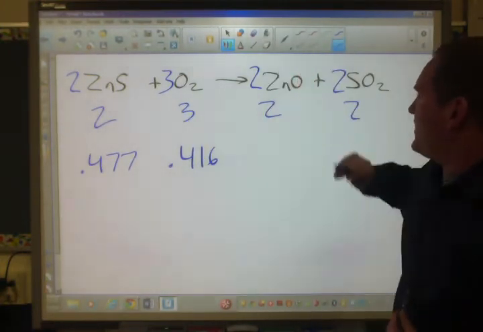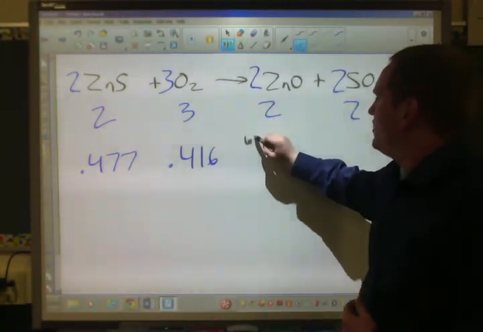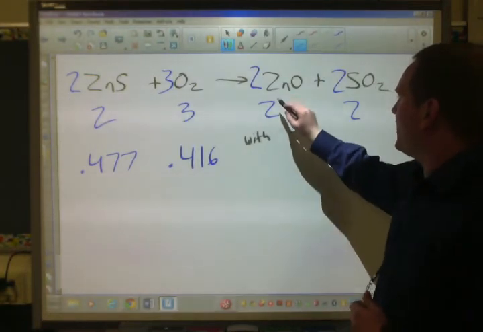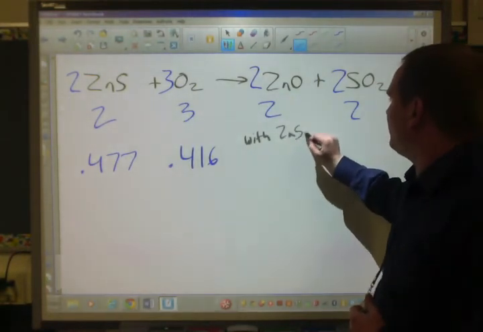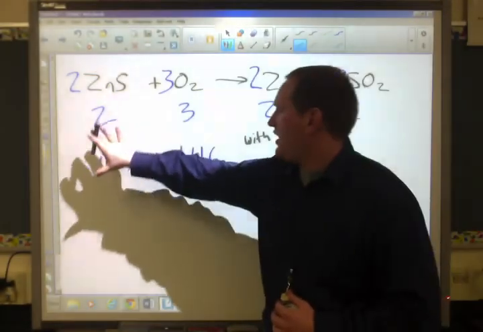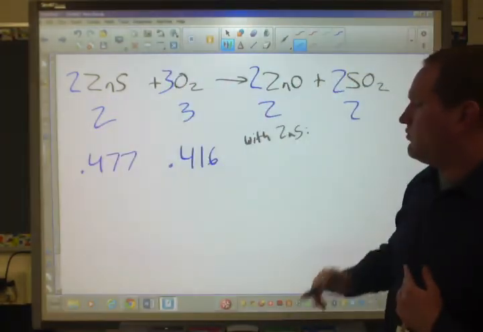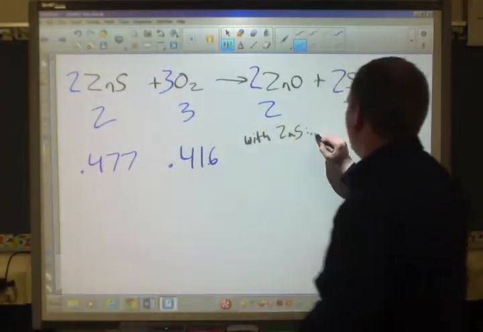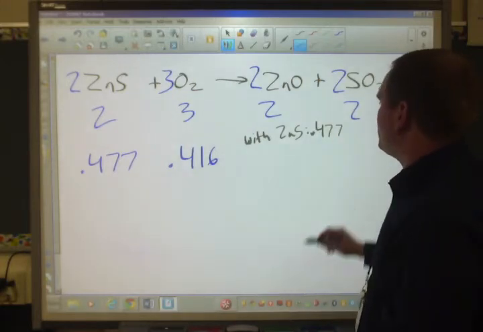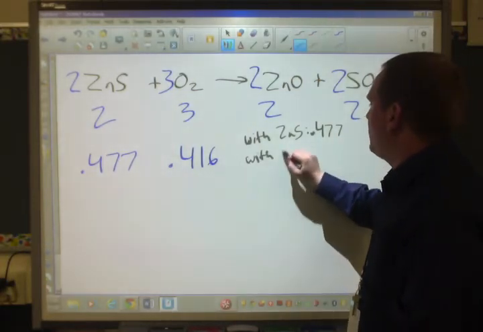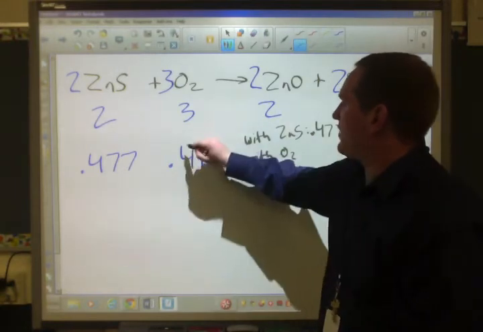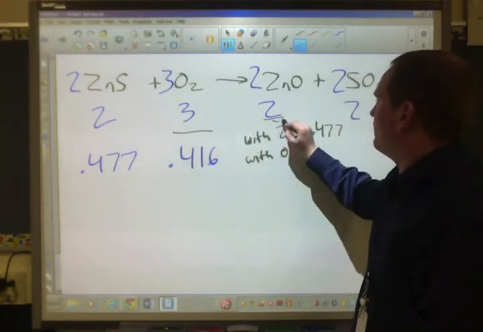So let me pick this as the one I'm going to go for. So with zinc sulfide, I'm going to get a 2 to 2 or 1 to 1 mole ratio. So it's going to be the same number, 0.477 moles. And with O2, we're looking at 3 over 0.416 equals 2 over x.